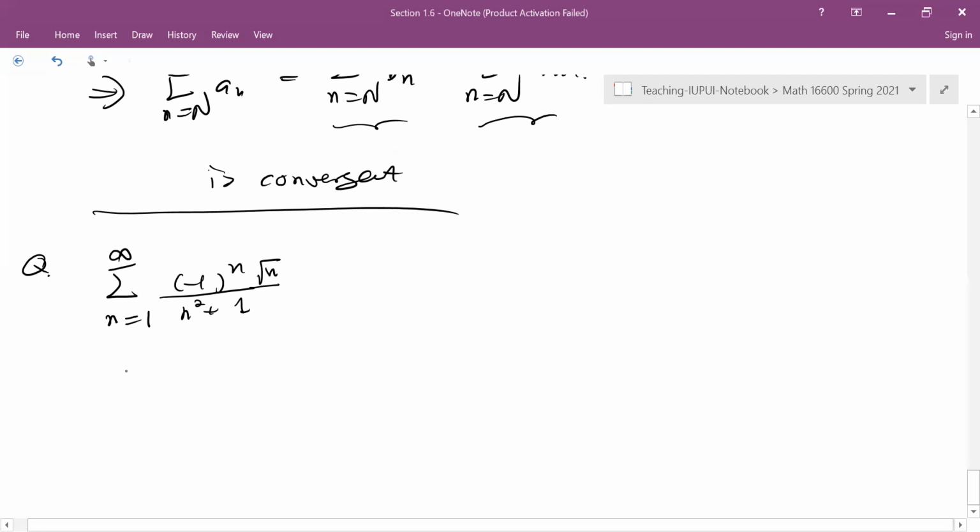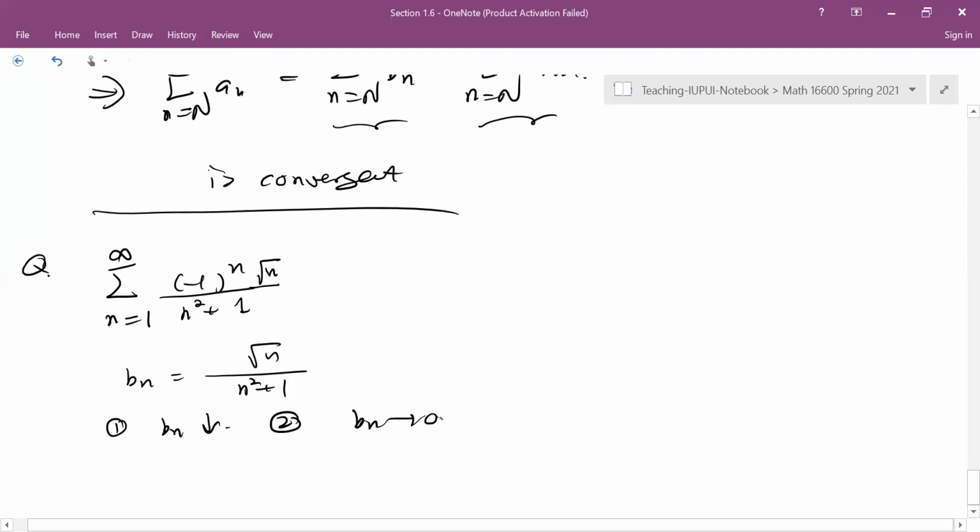But the difficulty is you have to prove this is decreasing. Is it easy? Not so easy, right? You have to prove a couple things. One, b_n is decreasing. Two, b_n approaches zero.